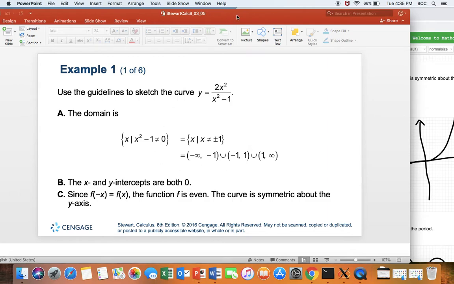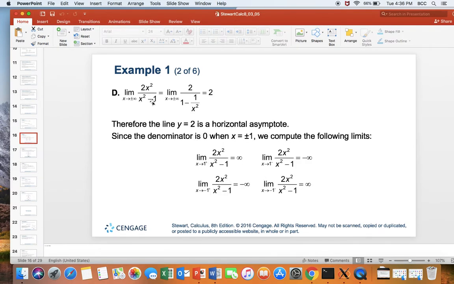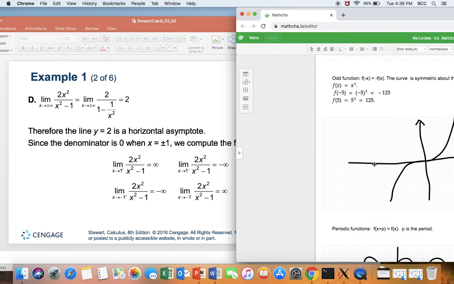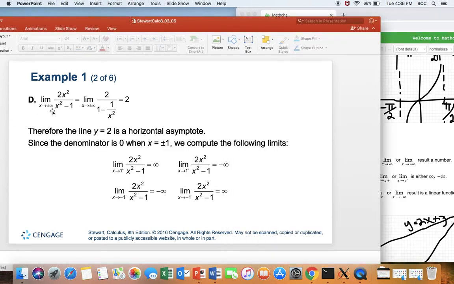Next you're looking for limits at infinity. Why? Because after symmetry, you have to worry about asymptotes. For horizontal asymptotes, you're looking at x approaching infinity or negative infinity. Notice you divide by the highest power of x.